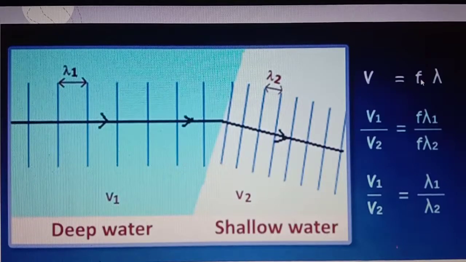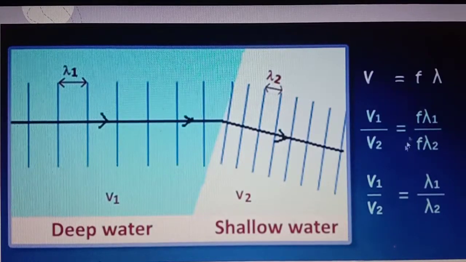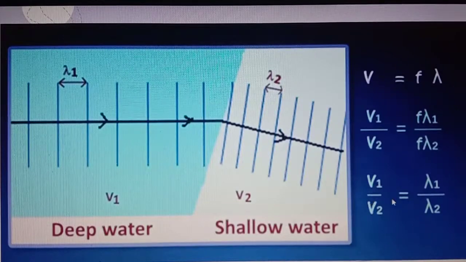So when f is constant, v divided by f equals a constant. Or we can say v1 over v2 equals f lambda 1 divided by f lambda 2. You can cancel the f because it has the same value. So what we get is v1 over v2 equals lambda 1 divided by lambda 2. This relationship can be used to solve problems involving refraction of waves.